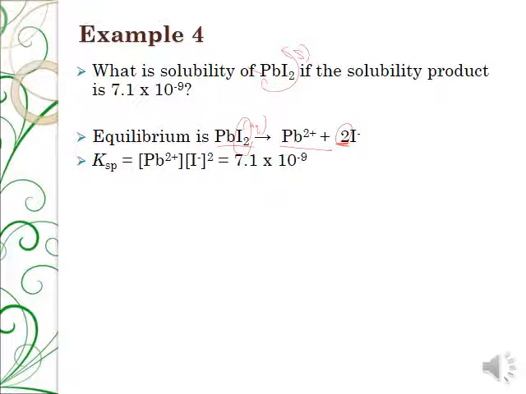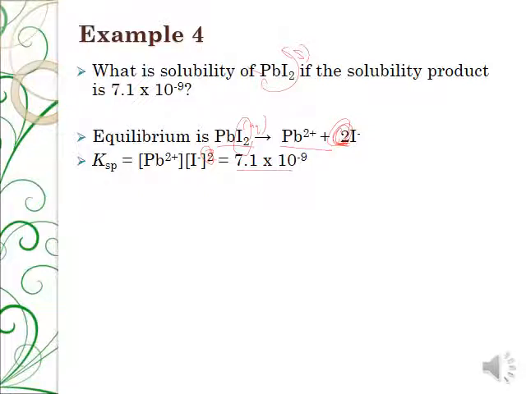Now write the expression of Ksp. So Ksp is lead 2 plus times iodide 2. The stoichiometric value 2 will become the power of the concentration here. So Ksp is equivalent to lead times iodide to the power of 2, squared, equal to the solubility product value Ksp.